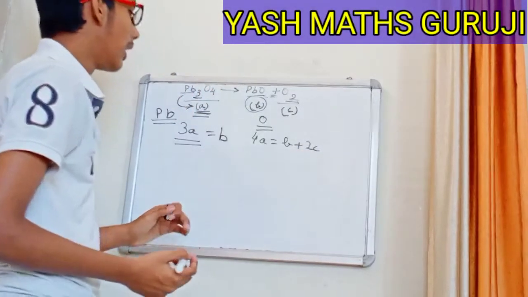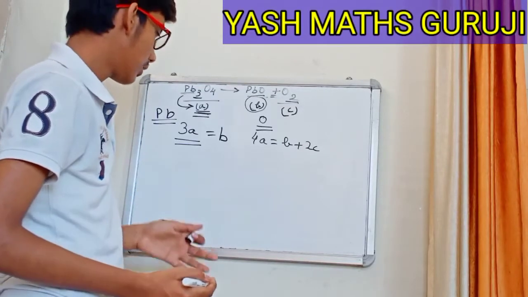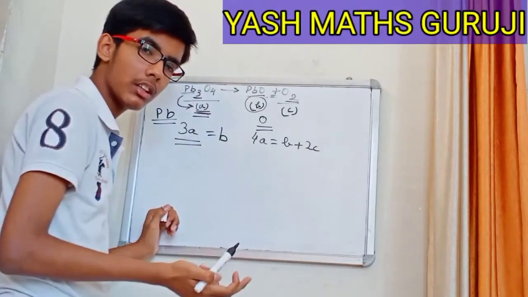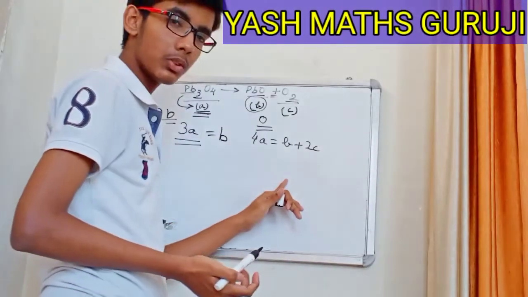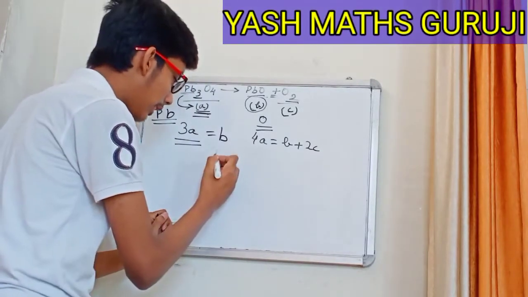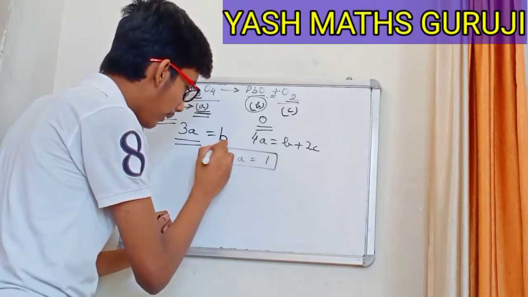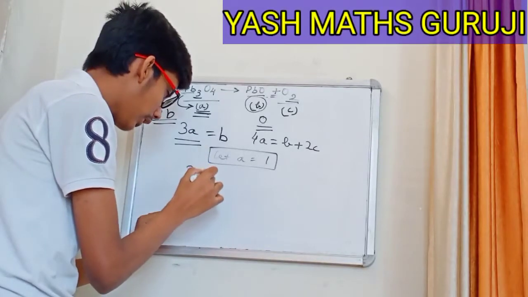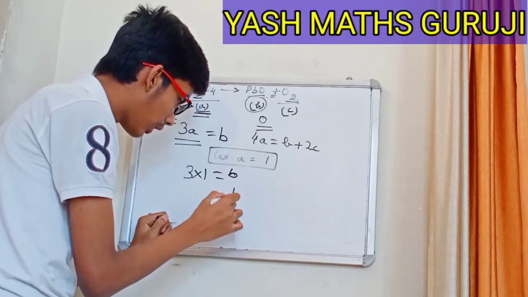Okay, and now we will imagine a value, like let A be 1 or B be 1, whichever you like and whichever is suitable for the reaction. So I will take A equal to 1. If A equal to 1, you can take out the value of B easily because 3 into 1 equal to B, and therefore B equal to 3.